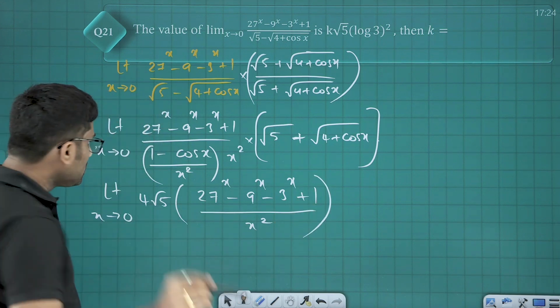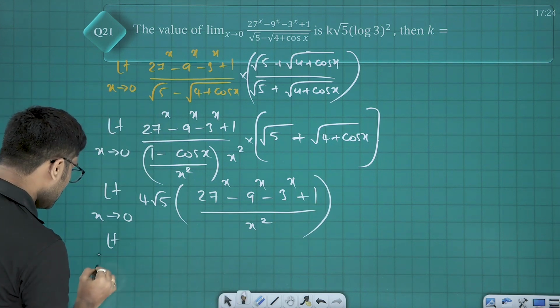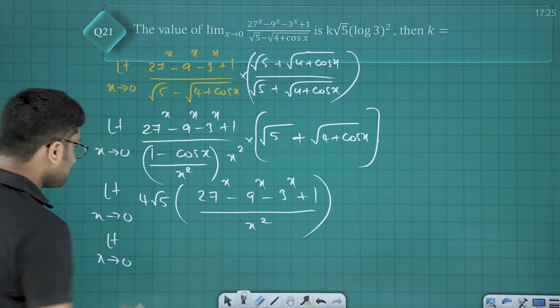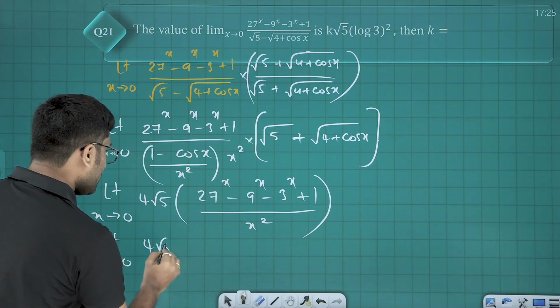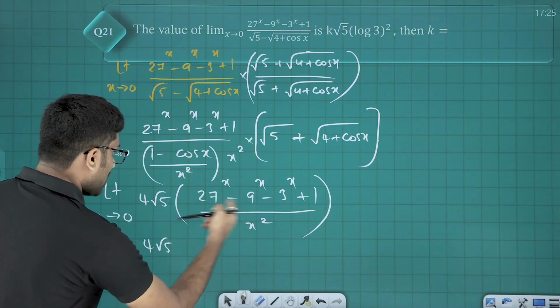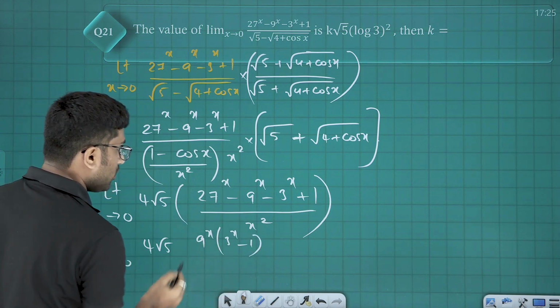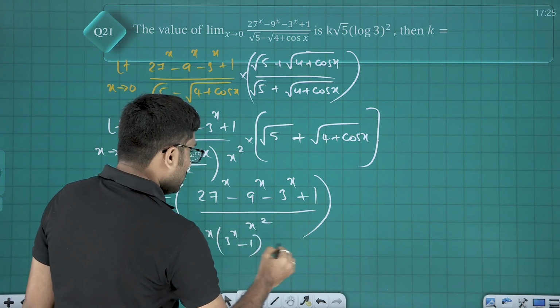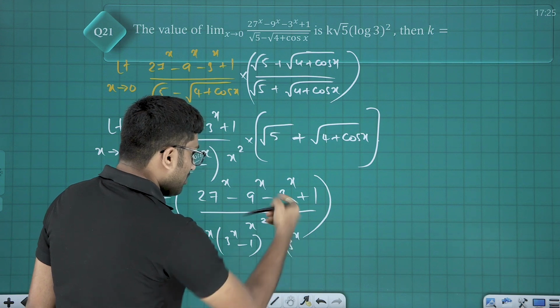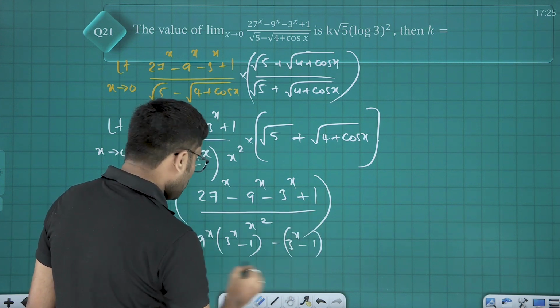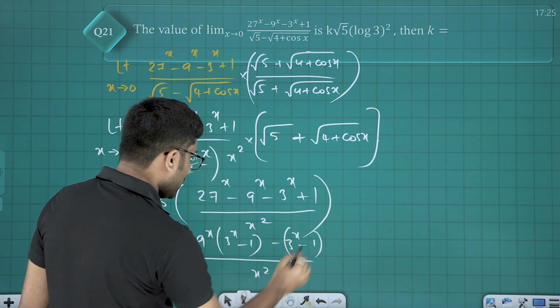Okay? Limit x tends to 0, 4 root 5, we can take 9 power x common from these two. So 9 power x, if we take common, we get 3 power x minus 1, minus, if we take minus common from these two, minus of 3 power x minus 1, divided by x square.